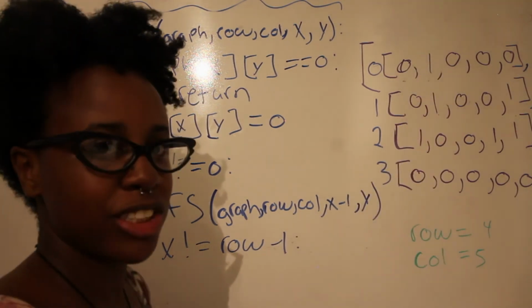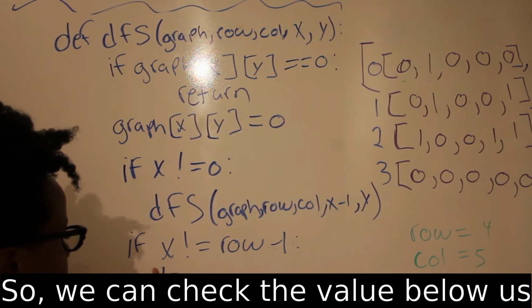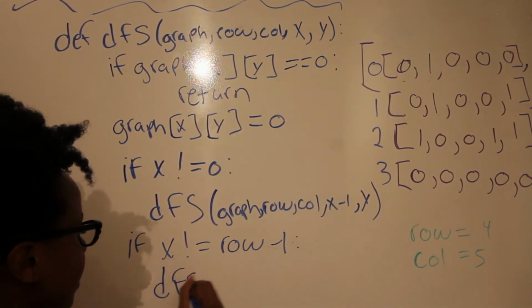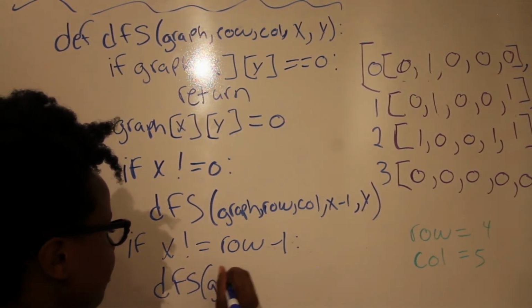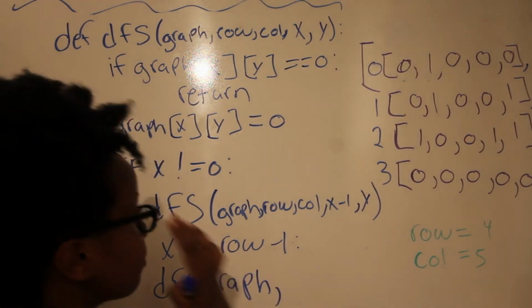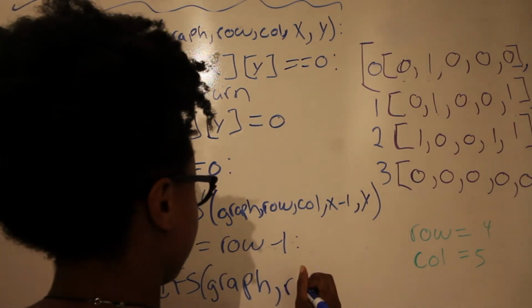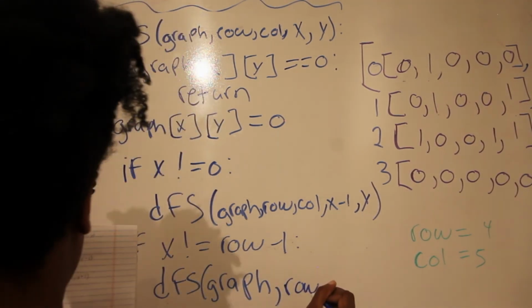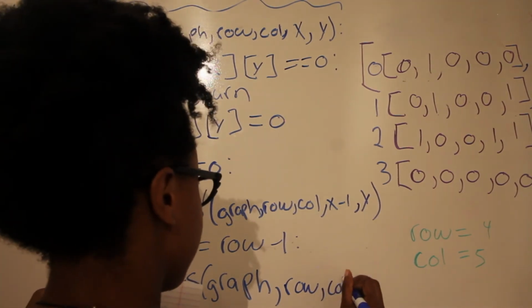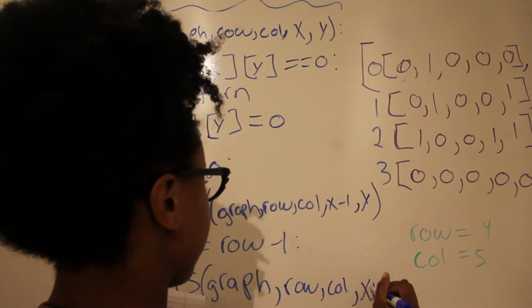So we're not the last row, so this would apply to us. So what would happen here for the depth first search is that it would go again. So I'm going to show you right now. Row, and right here we do the column, and then we're going to do x plus 1.